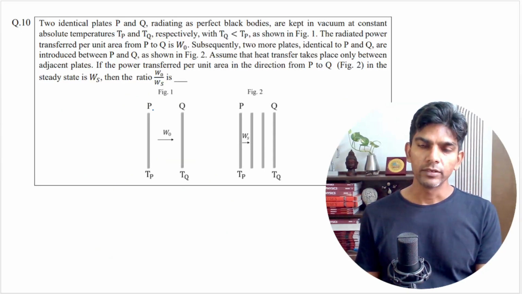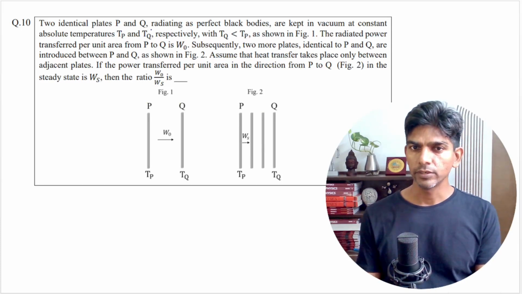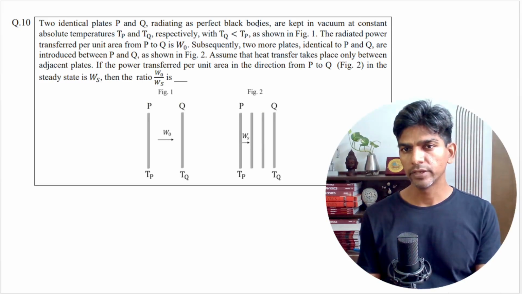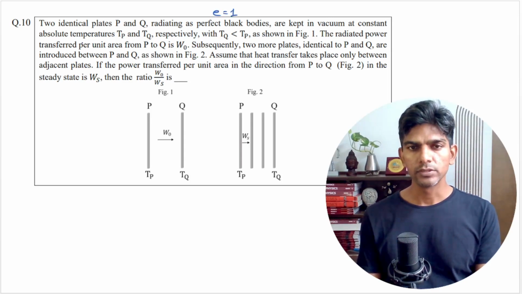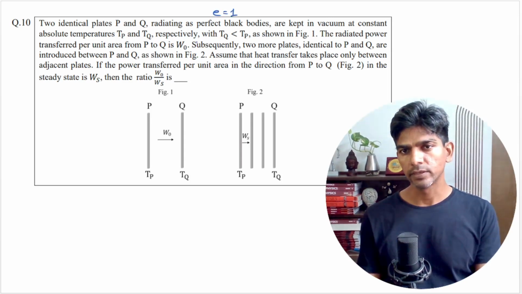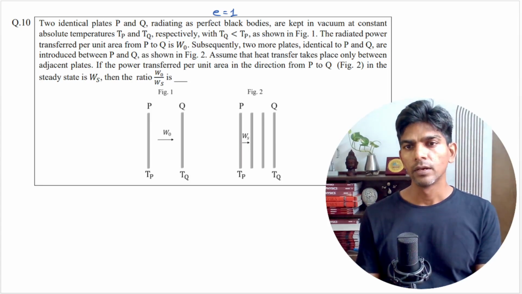This is question 10 of JEE Advanced 2025 paper 1. Two identical plates P and Q radiating as black bodies, so e will be 1, are kept in vacuum at constant absolute temperatures Tp and Tq respectively, where Tp is greater than Tq. As shown in the figure, the radiated power transferred per unit area from P to Q is W naught.